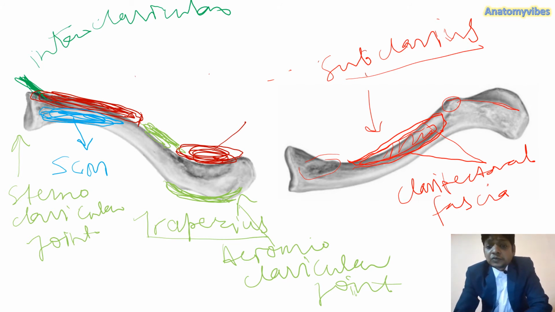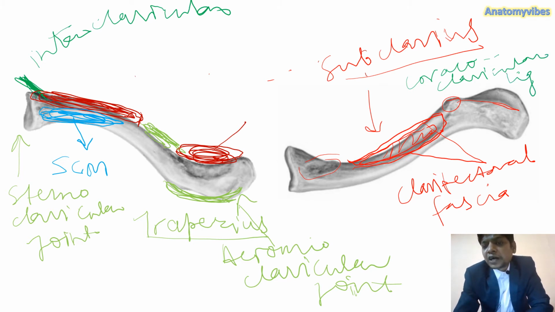Now the tubercle and the ridge give attachment to the coracoclavicular ligament. It has two parts, the conoid part and the trapezoid part of the coracoclavicular ligament.